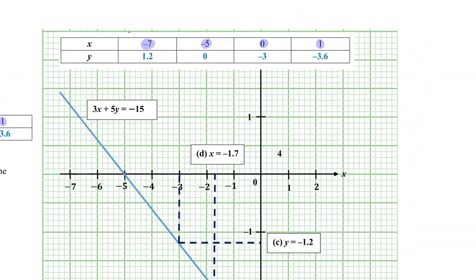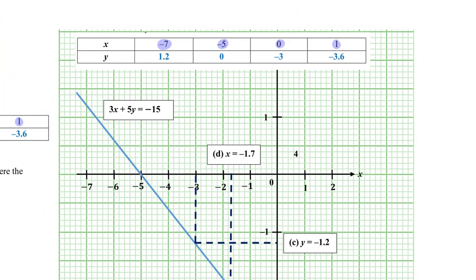Zoom. Okay. So for the very first point, for those who are not too sure how to draw, when x is negative 7, I'm looking at these 2 points here. When x is negative 7, which is here, y is 1.2, so I'm going to go up and I reach this point here, mark it with a cross.